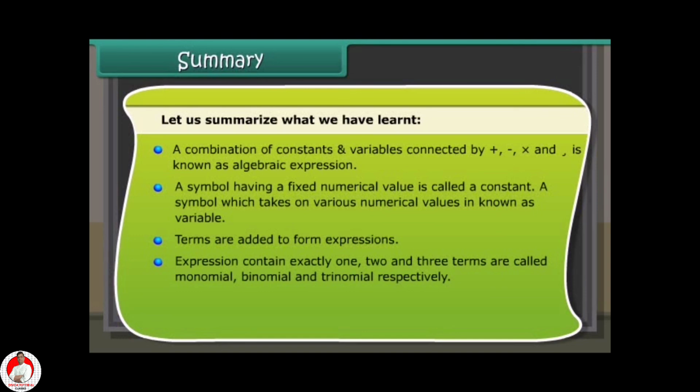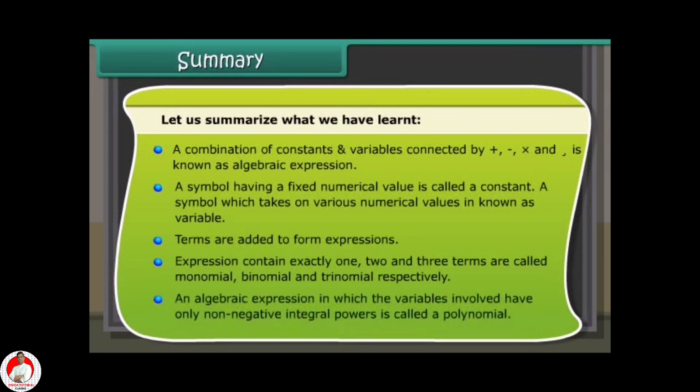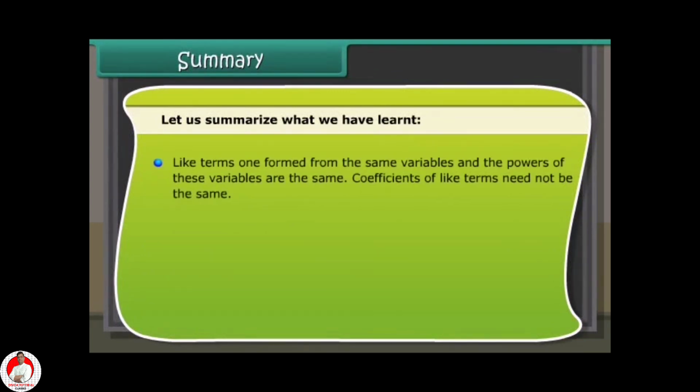Expressions containing exactly 1, 2, and 3 terms are called monomial, binomial, and trinomial respectively. An algebraic expression in which the variables involved have only non-negative integral powers is called a polynomial. Like terms are formed from the same variables, and the powers of these variables are the same.